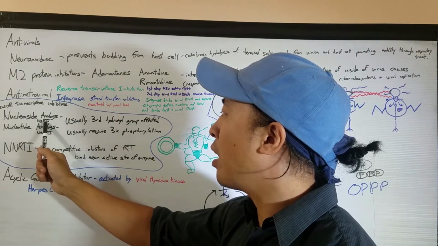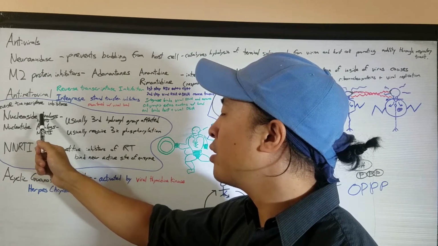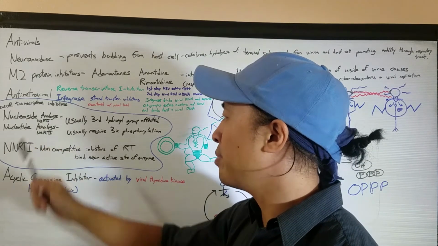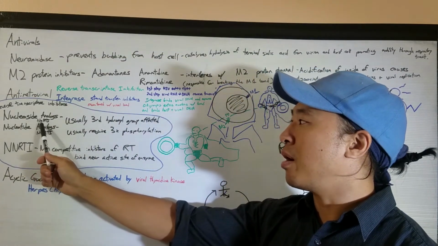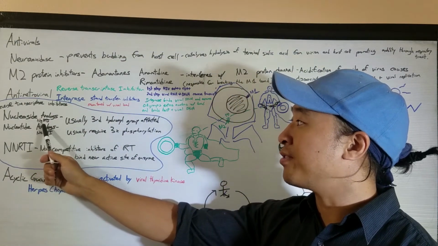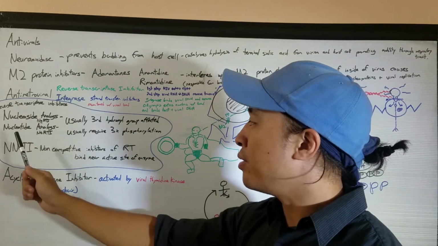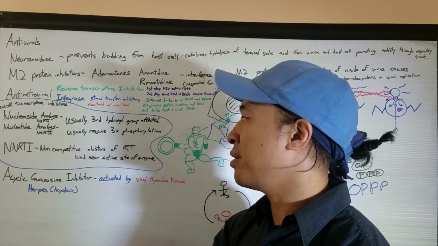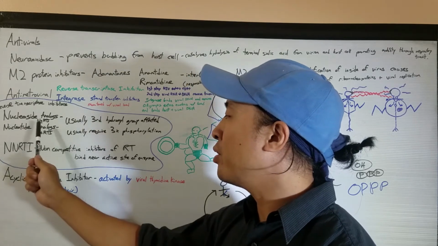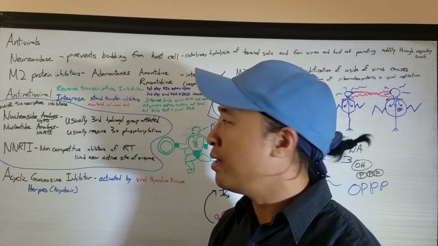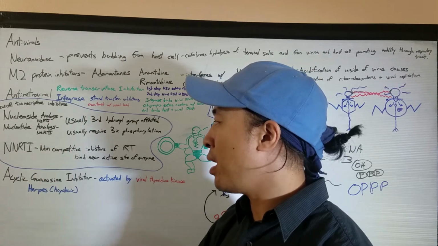Nucleoside reverse transcriptase inhibitor. It would make sense if we said NSRTI, and nucleotide analog reverse transcriptase inhibitor NTRTI. Nope, it's actually, we don't talk about this S right here, okay? It's NRTI for this one up here and NtRTI.